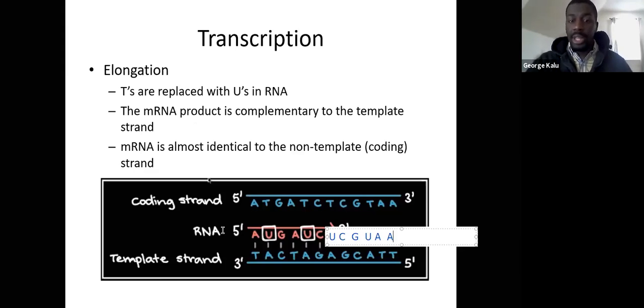The only thing that's different is that we're going to have U's instead of T's in the RNA. So again, here we have A's, U, then G, A, then a U, then C's, a U, C's, G, U, A. So the non-template strand or the coding strand is going to look very identical to the RNA, and both of them are going to be complementary to the template strand.